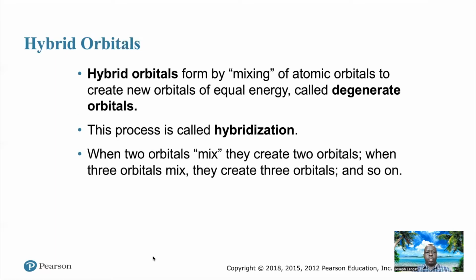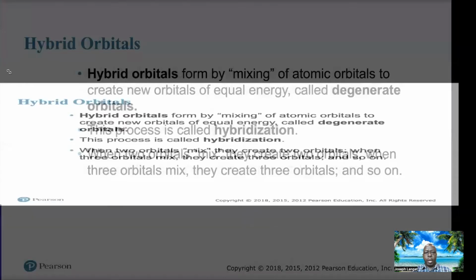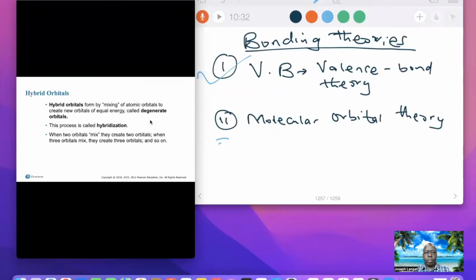This turns out to be because when oxygen and hydrogen bond, new orbitals form, which we call hybrid orbitals, formed by mixing atomic orbitals to create new degenerate ones. Degenerate orbitals means they have the same energy. The process by which atomic orbitals are mixed together to generate new degenerate orbitals is called hybridization.